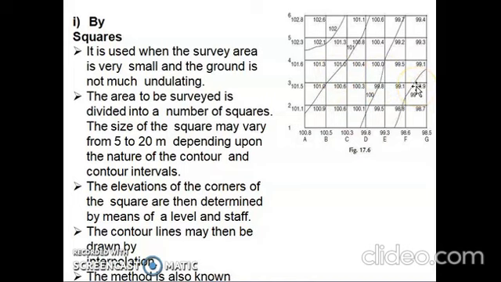That gives you the contour map. So what is done is the points of equal elevations are connected to each other in this particular grid, and that gives us the contour lines.